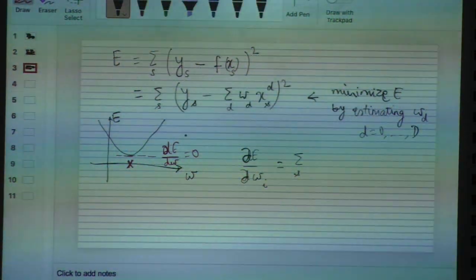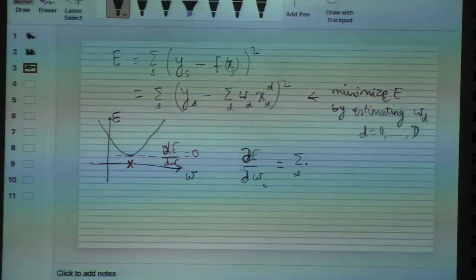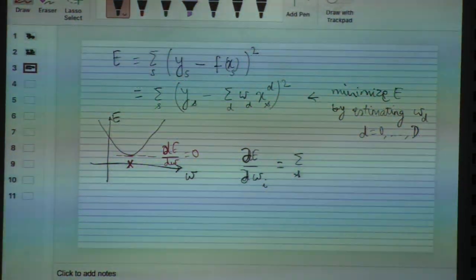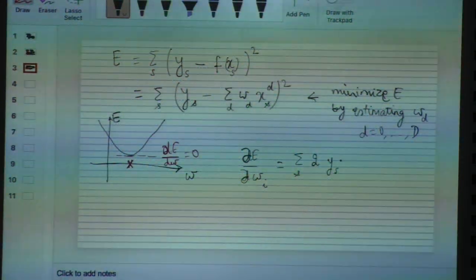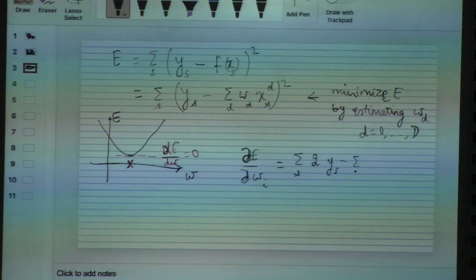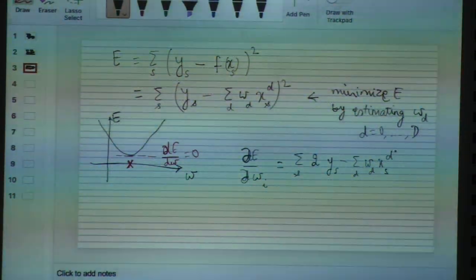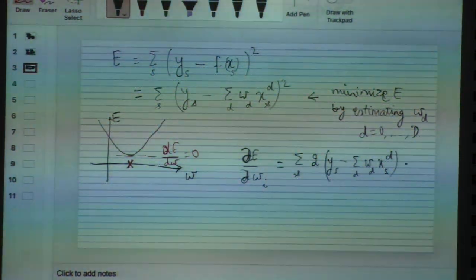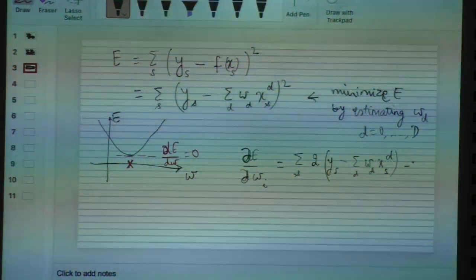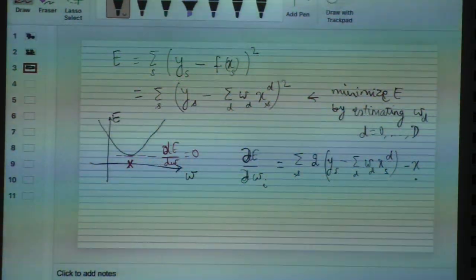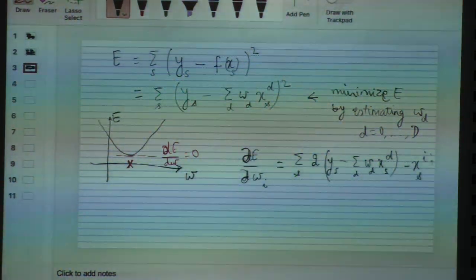Okay, so what is the derivative now? 2 times summation over s of ys minus summation over d of wd xs to the power d, into xs to the power i, correct?